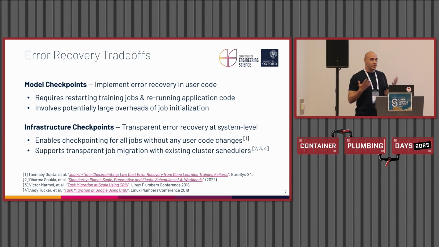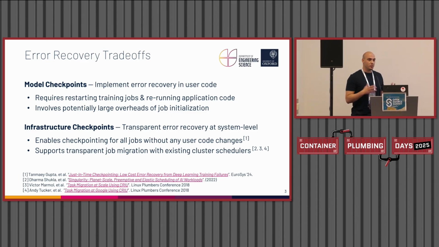There are two main checkpointing methods. The first one is widely used, for example, at application level. With PyTorch, you can create what is called a model checkpoint that can later be distributed and used to resume, for example, inference.